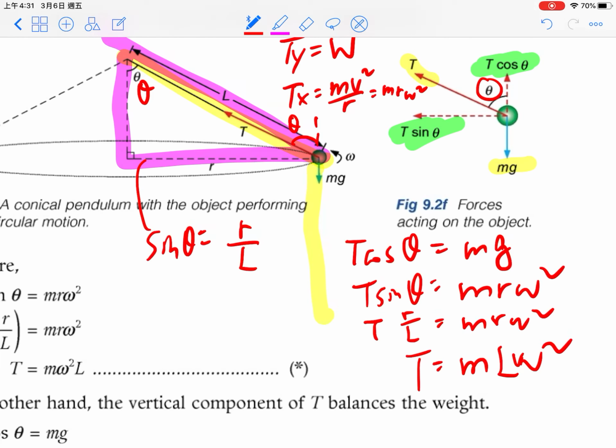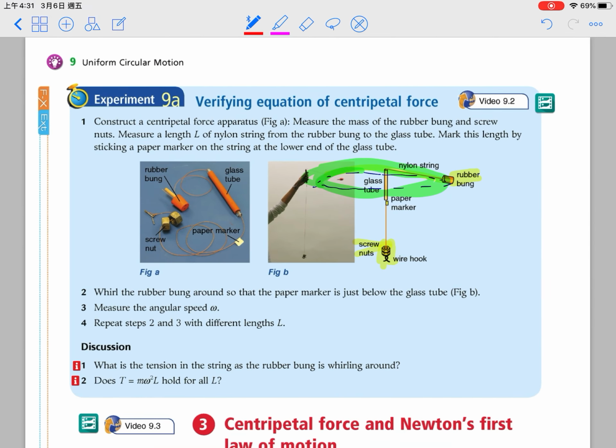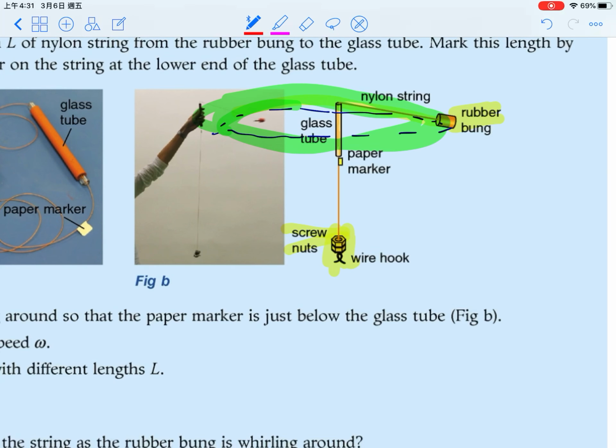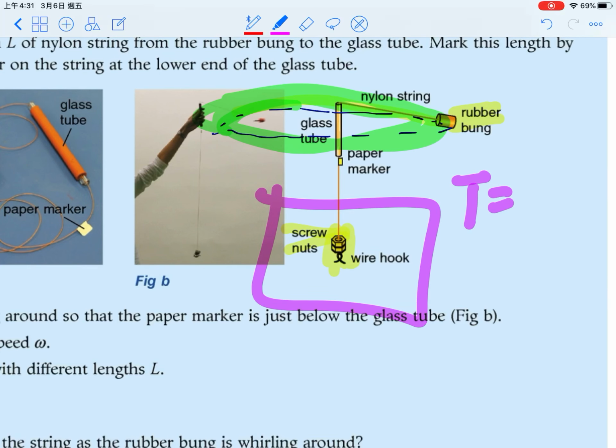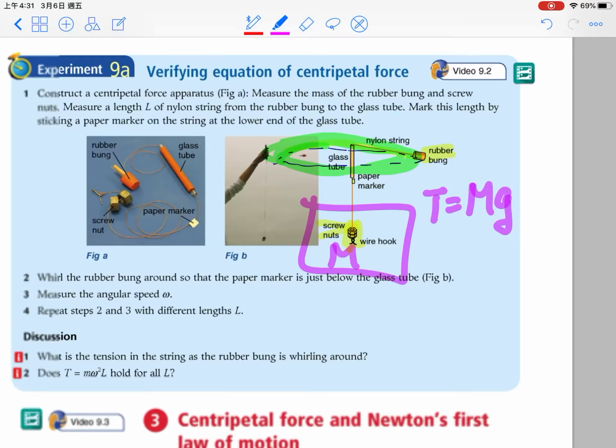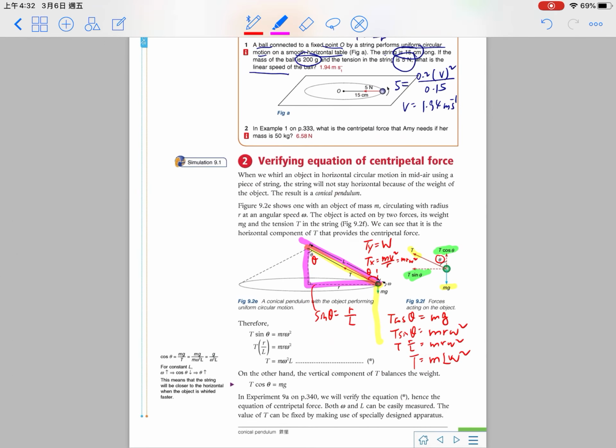But here, this T is tension. We can find out tension in the experiment. When you look at this part, tension is equal to, suppose the screw nuts has a mass of M, capital M, equal to Mg. So T equal to Mg.